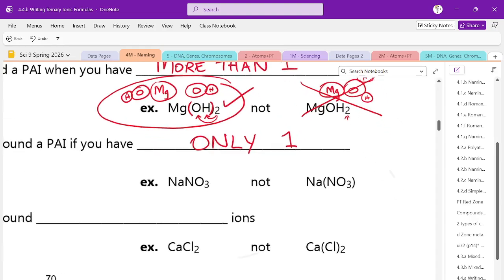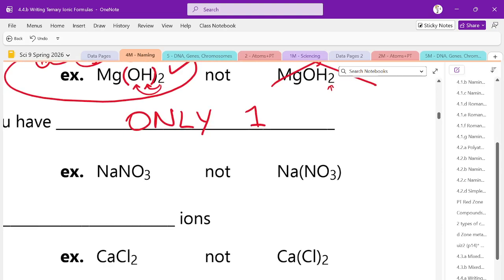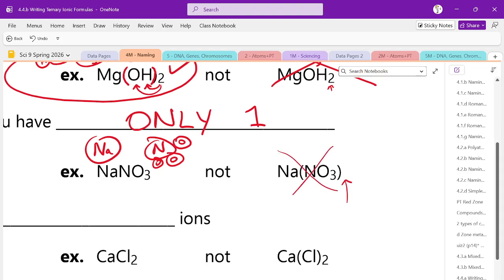So if there is nothing to go outside of the brackets, if you just have one Na and one NO3, there's no brackets. Okay? Don't use brackets if there's no number outside. We'll get to it. We'll practice. Don't you worry.